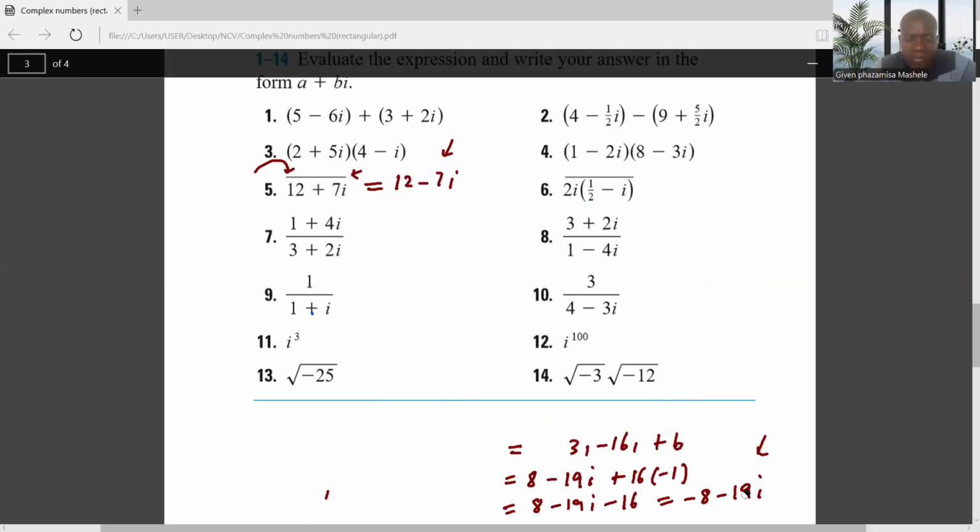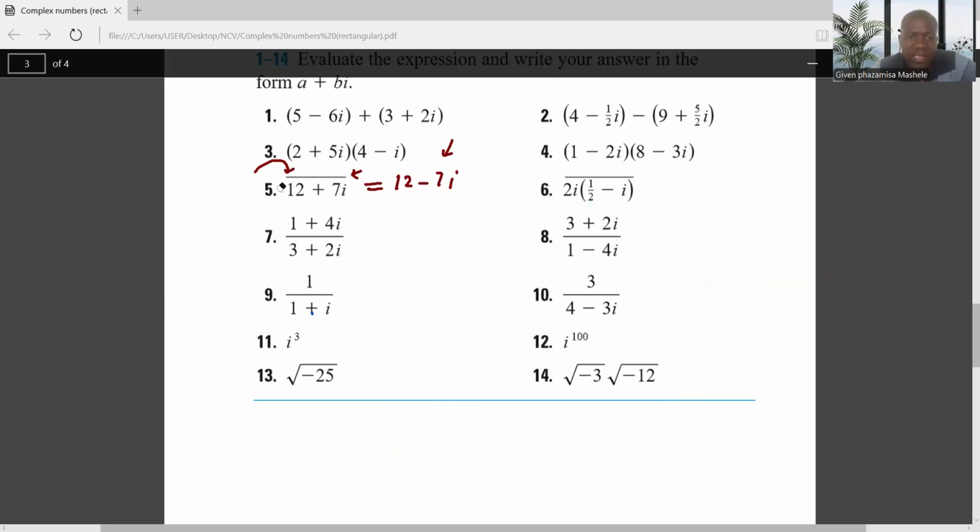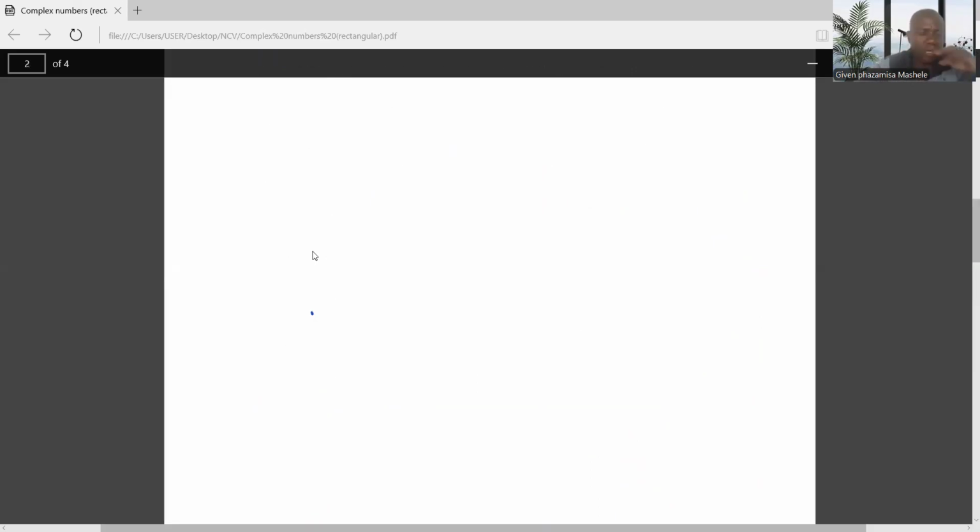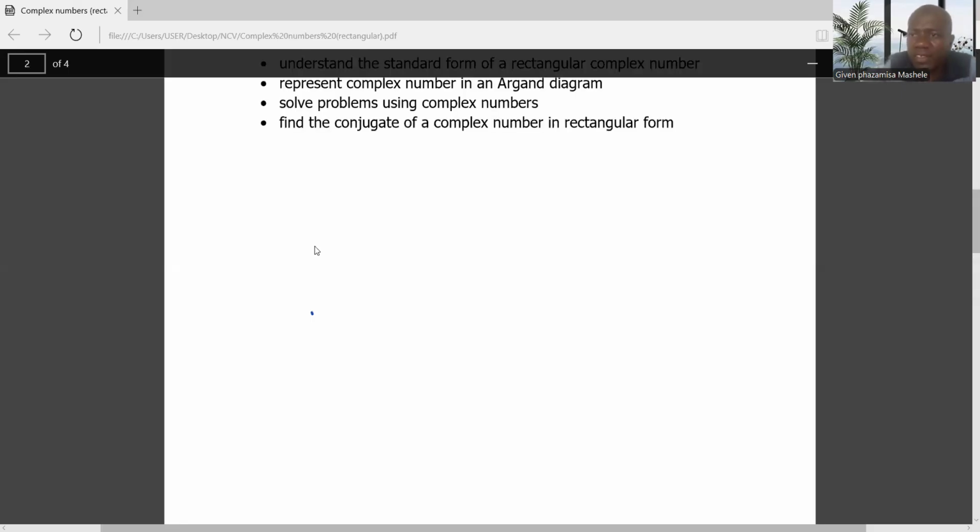What do we have? 1 plus 4i divided by 3 plus 2i. Let me write it here. This is division of complex numbers that are in rectangular form.